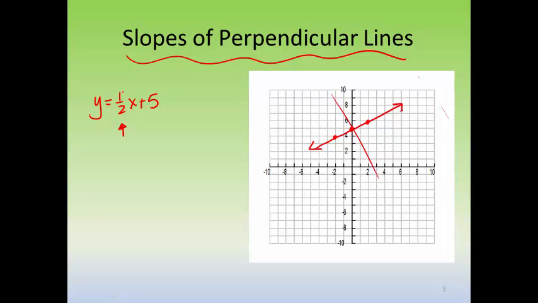And if you think about it, if I have 1/2 as my slope, that means that the change in y over the change in x is 1/2. And in order for them to be perpendicular and form that right angle, I need to completely reverse that. So the perpendicular slope will be -2, as in the change in y is 2 and the change in x, in this case, would be 1.